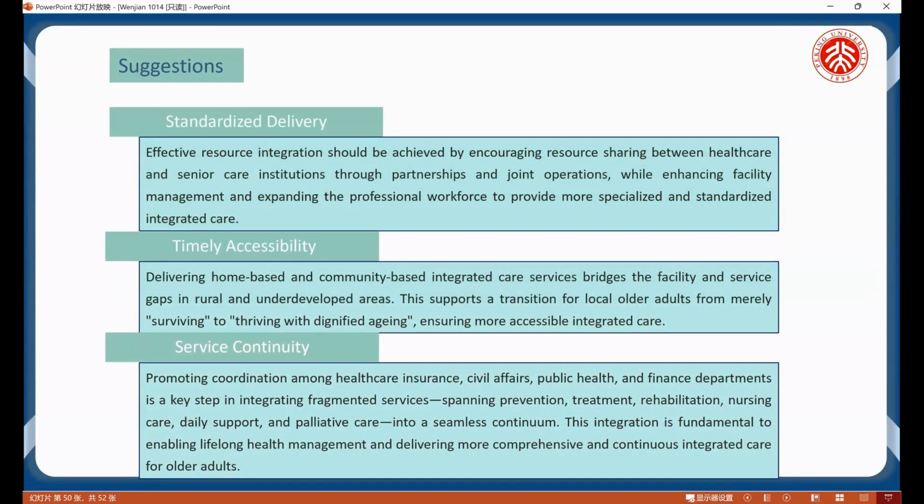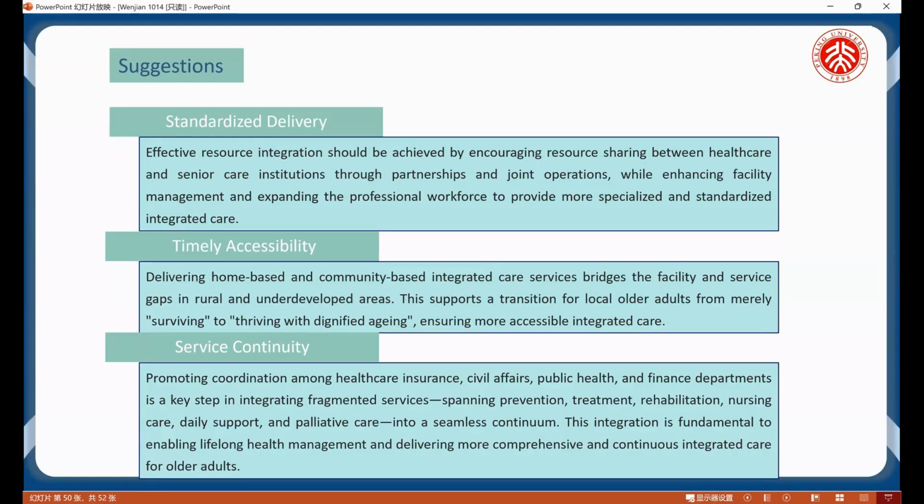Here are some suggestions. Effective resource integration should be achieved by encouraging resource sharing between healthcare and senior care institutions through partnerships.